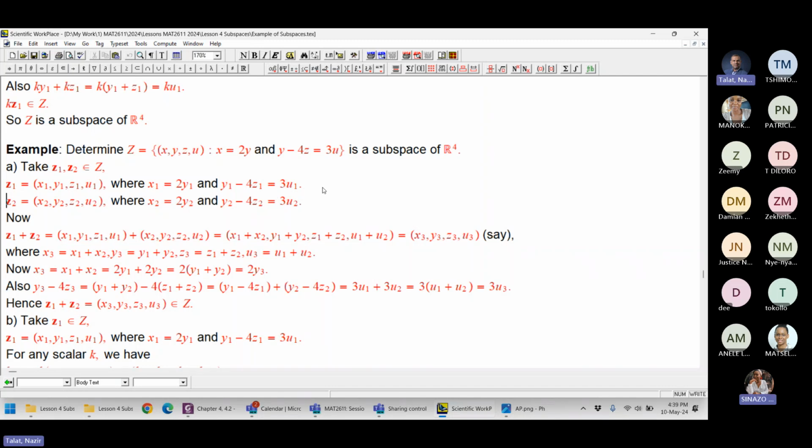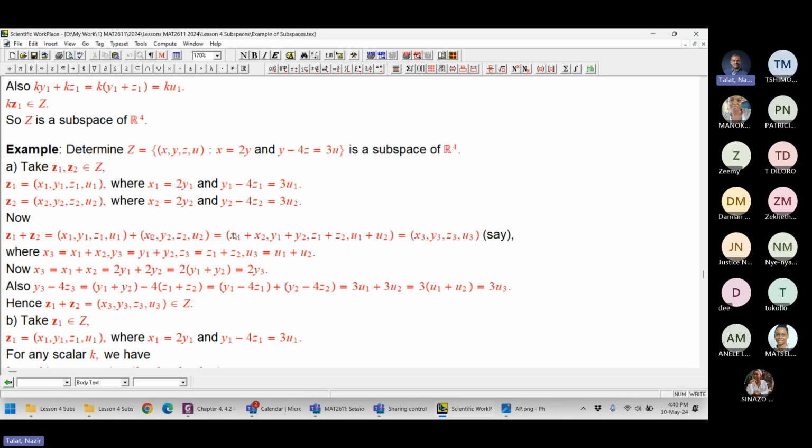Now let us check what happens if we add z1 with z2. The sum z1 plus z2 is the vector sum, and it will be equal to: the first element is added with the first one, the second element with the second, the third with the third, and the fourth with the fourth, because it's the simple method of vector addition.